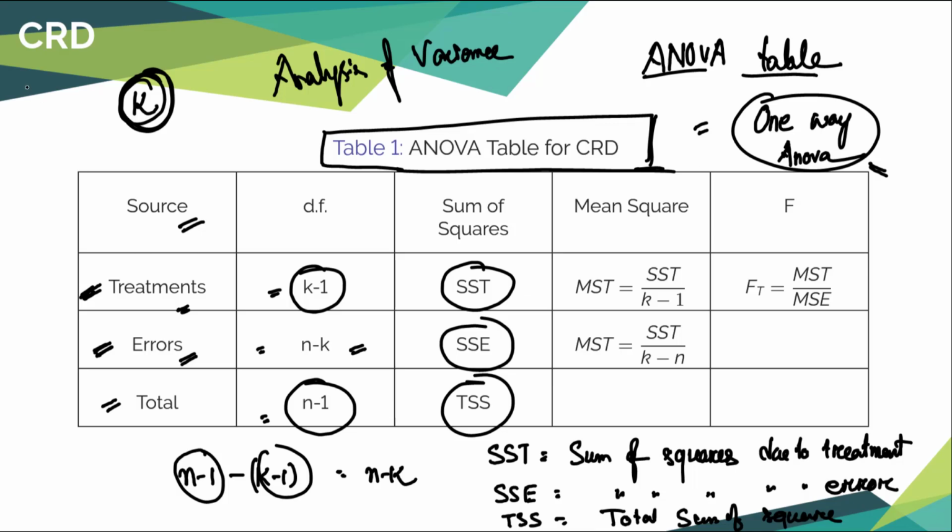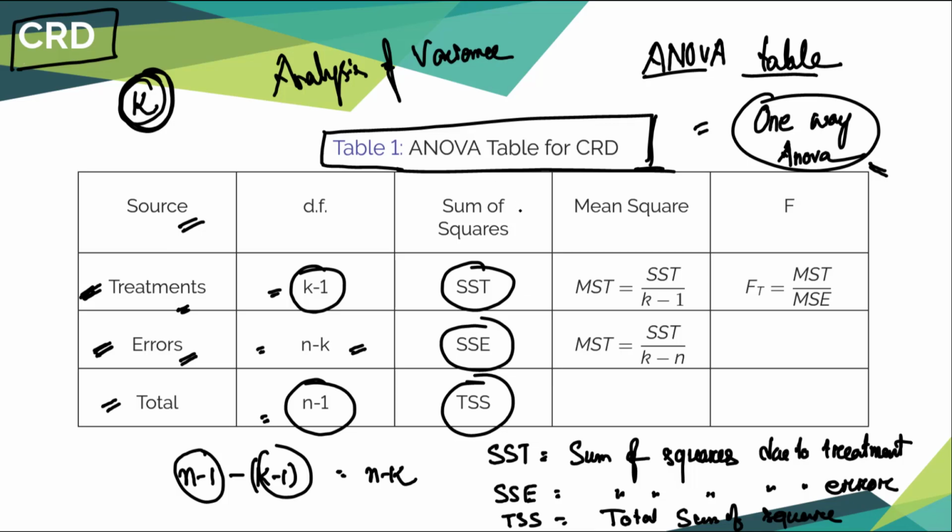If you don't understand the concept of CRD, but you focus on the table, you will be clear about the idea behind CRD. CRD is designing an experiment when you want to test a certain number of treatments. If the treatments are greater than 2, then we apply one-way ANOVA. If it is equal to 2, then obviously you can do the same thing using a t-test.